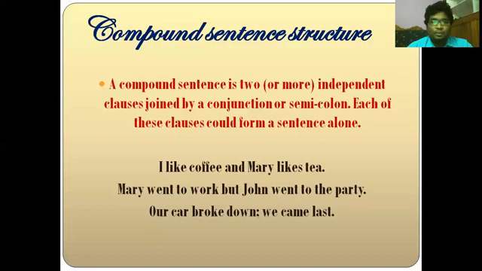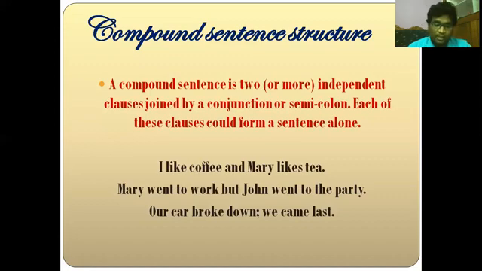Let's move on to the next one, the compound sentence structure. The statement itself is clearing it for us. A compound sentence is where you have two or more independent clauses joined by conjunctions. I guess most of you know the conjunctions: because, but, and.